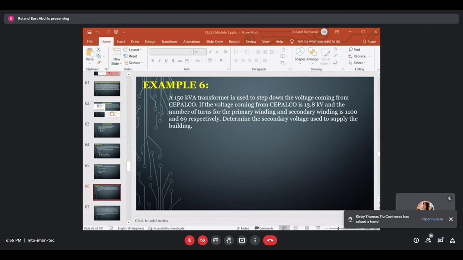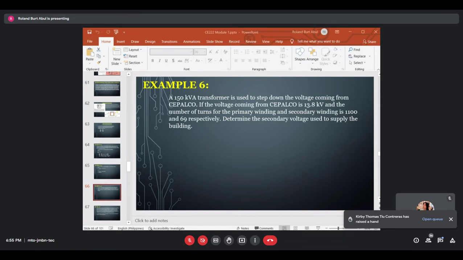Pwede mo try lang, sir. Dili siya 865 volts. Nag-shift solve ako sa calculus, sir, kay pangita ako sa missing ang secondary.